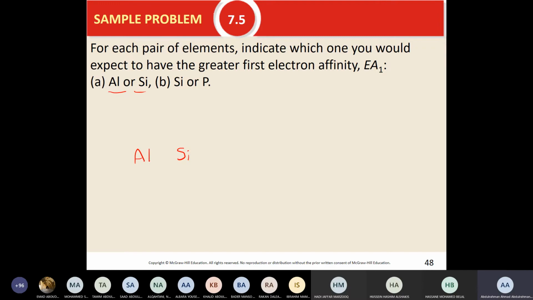Look at your periodic table. What's 13, what's 14? Atomic number, right? The atomic number of aluminum is 13, and silicon is 14.